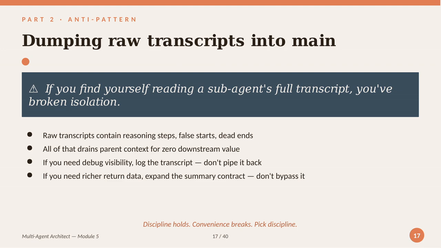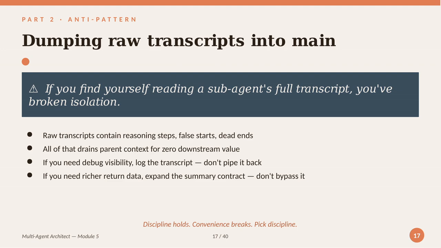If you need debug visibility into what the subagent did, log the transcript separately to a file. You can read it later when something goes wrong, but it doesn't pollute the live conversation. Logs are for debugging. The parent's context is for reasoning. Different concerns, different storage. If you need the subagent to return more data than your current contract allows, expand the contract. Don't bypass it.